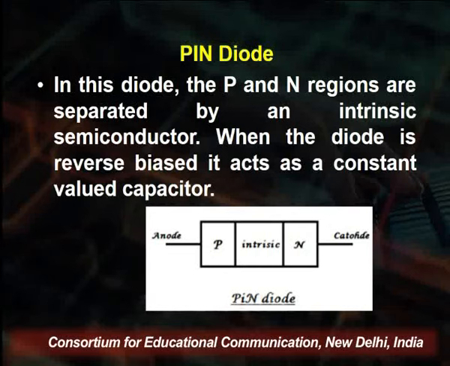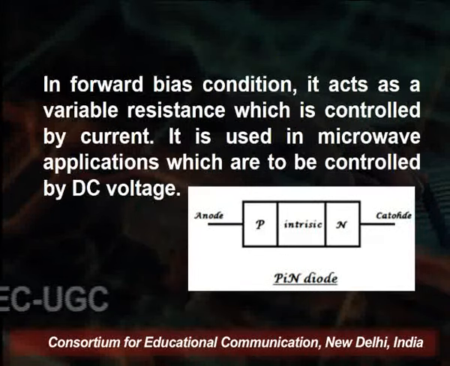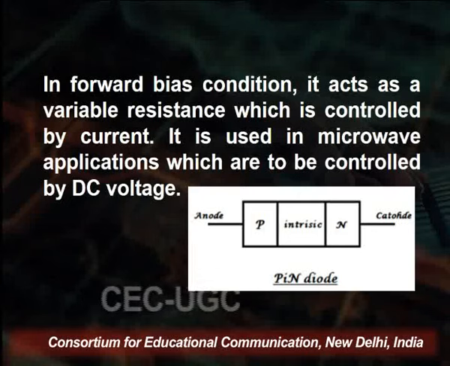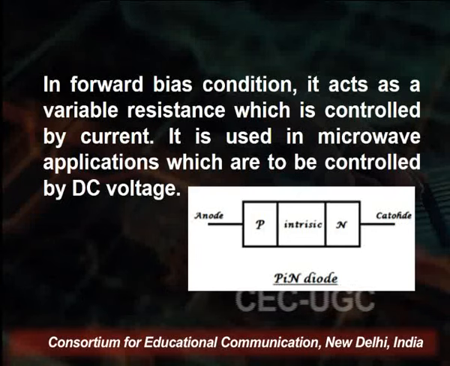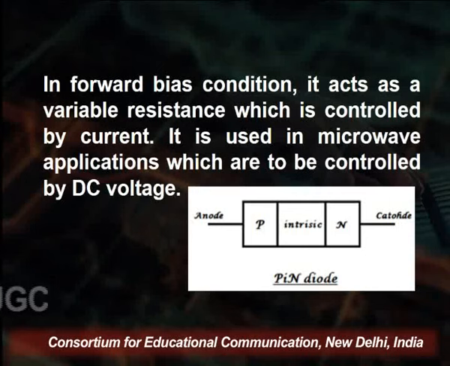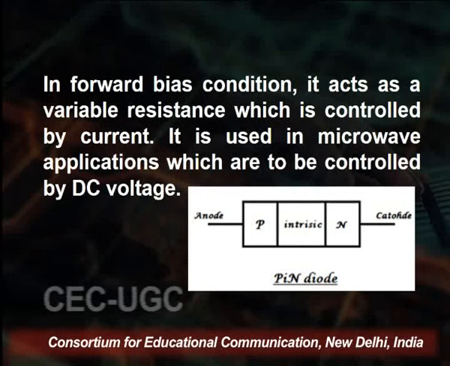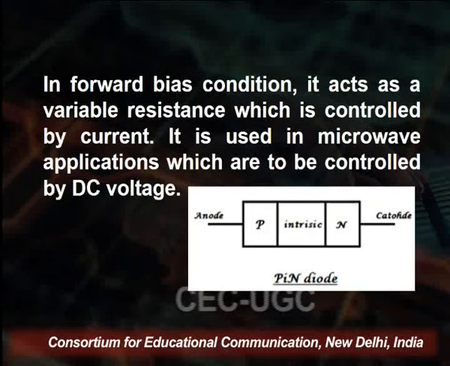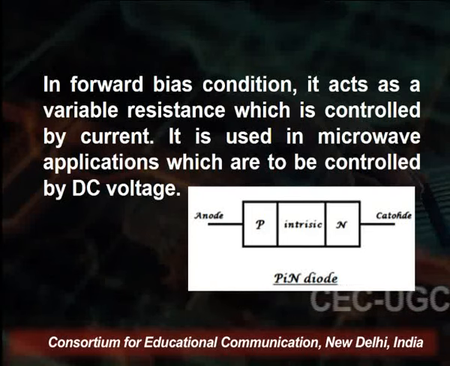When the diode is reverse biased, it acts as a constant value capacitor. In the forward bias condition, it acts as a variable resistance which is controlled by the current. So it is used in microwave applications which are to be controlled by DC voltage.